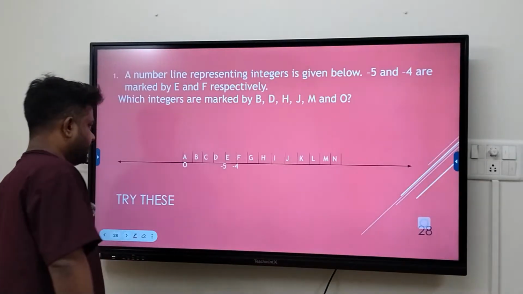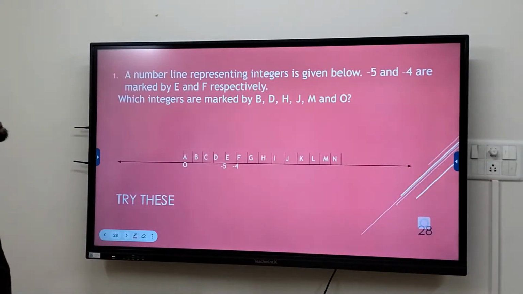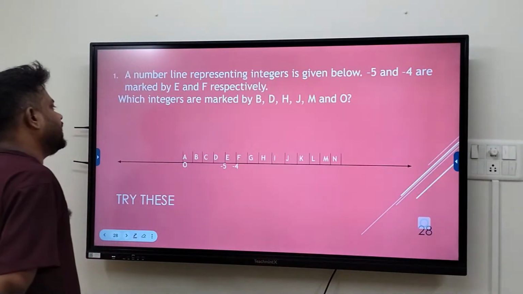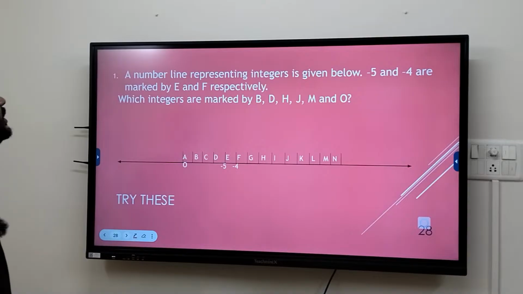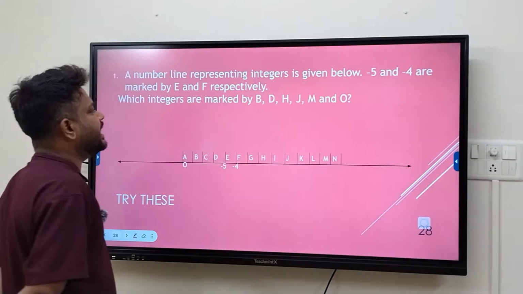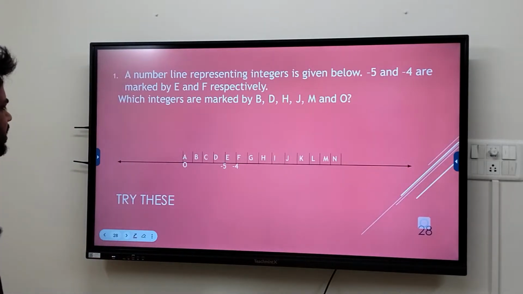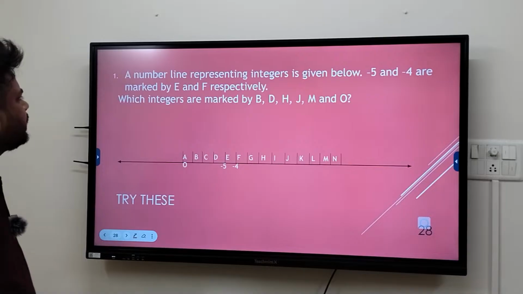Next one. A number line representing integers is given below. -5 and -4 are marked by E and F respectively. Which integers are marked by B, D, H, J, M and O? Okay, so this one is pretty much easy.